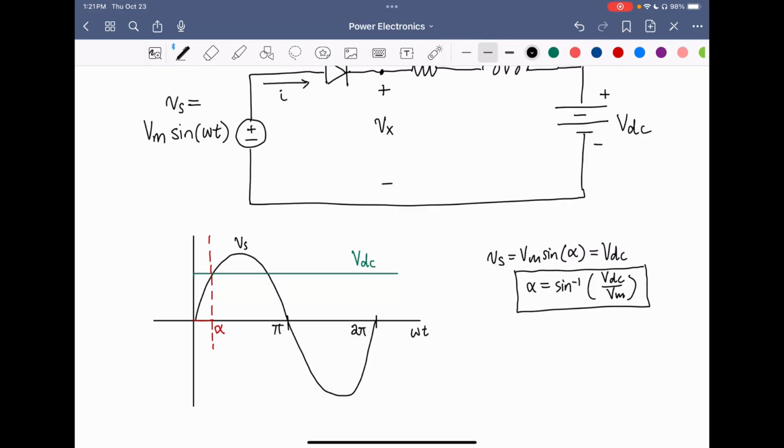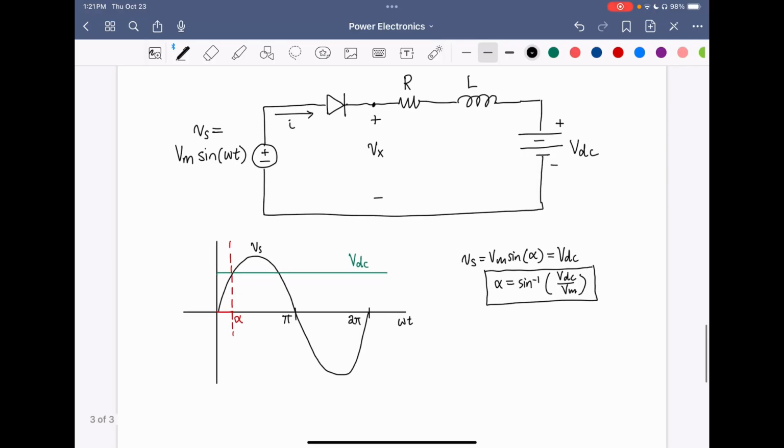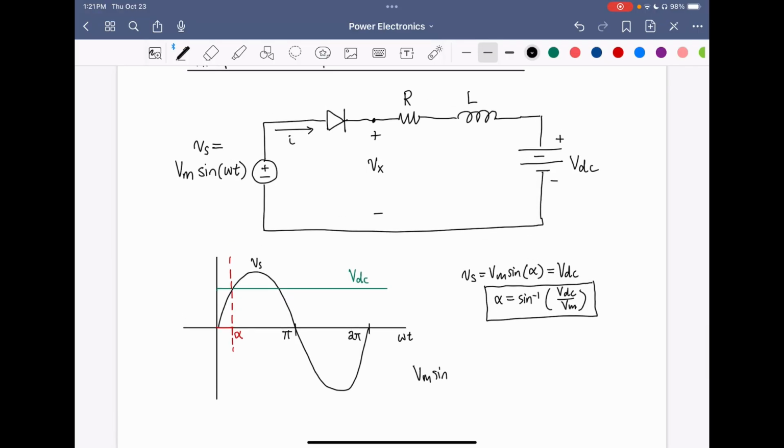Now, when the diode starts to conduct, we're just going to model it with a short circuit. So then our circuit's just going to look like Vs in series with R, L, and VDC. If we do a KVL around this loop, we get Vs, which is equal to Vm sine omega t, equals the voltage drop across the resistor, which is R i of t, plus the voltage drop across the inductor.